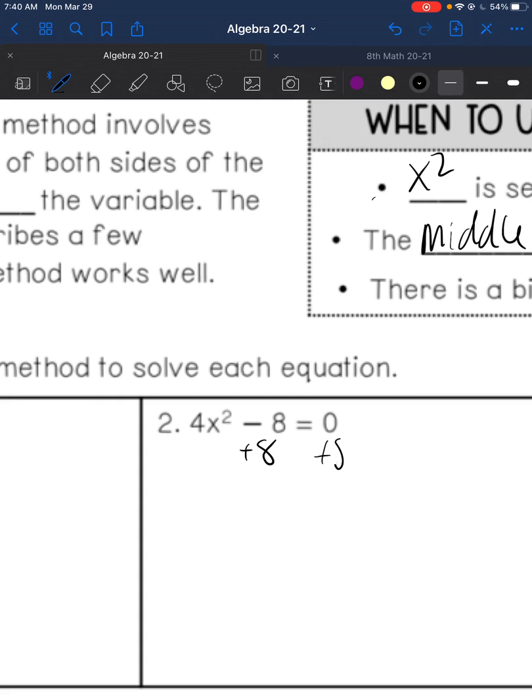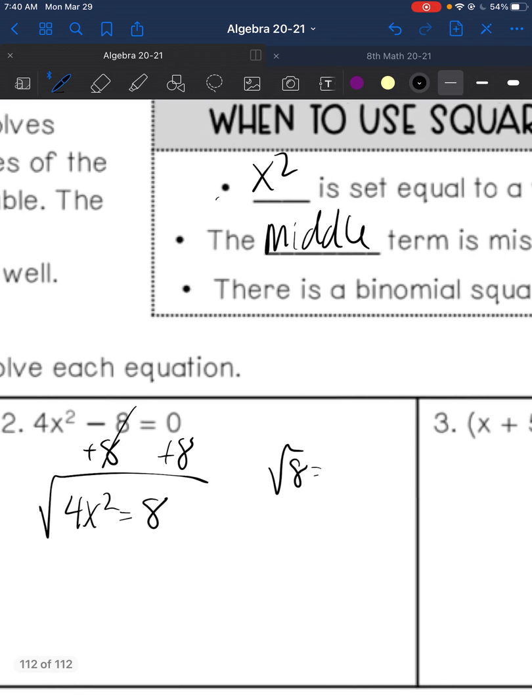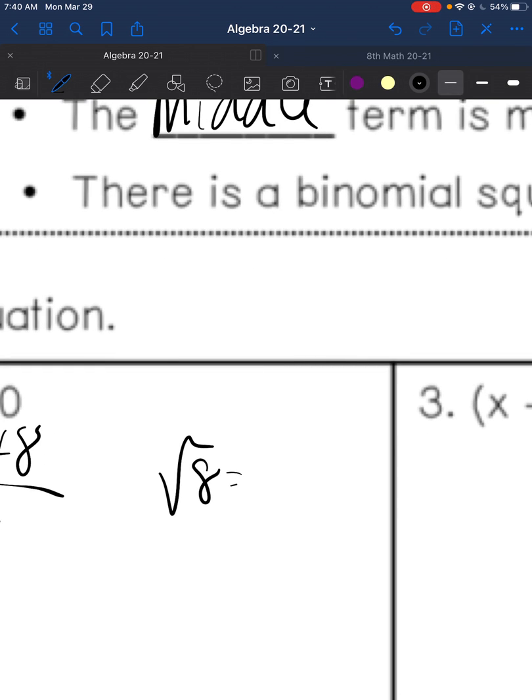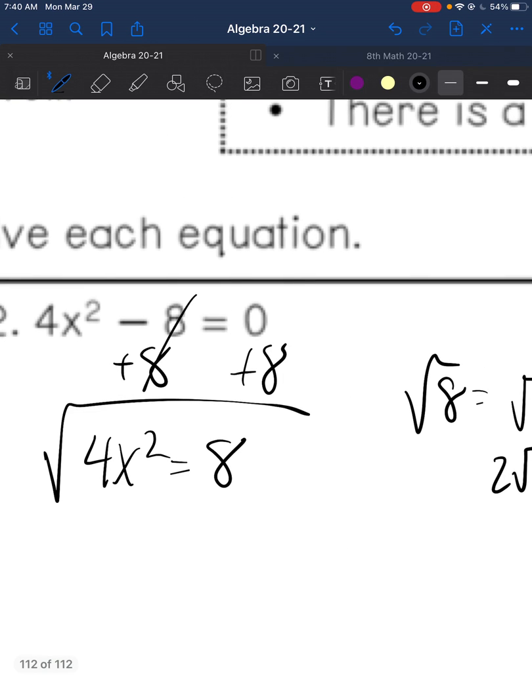Plus 8 cancels out. 4x squared equals 8. I'm going to take the square root of both. So this is going to be the square root of 8, which equals, this is where simplifying radicals is still playing a part. So we know that's the square root of 2 times 4. So simplifying that out, that's 2 square root of 2.